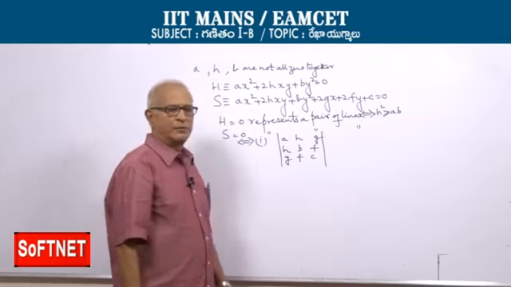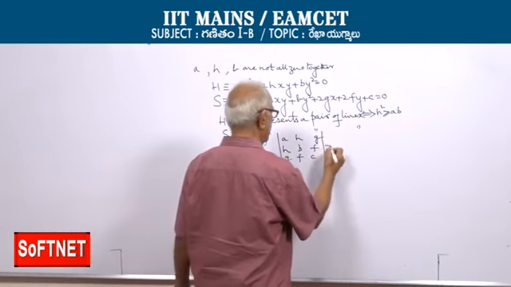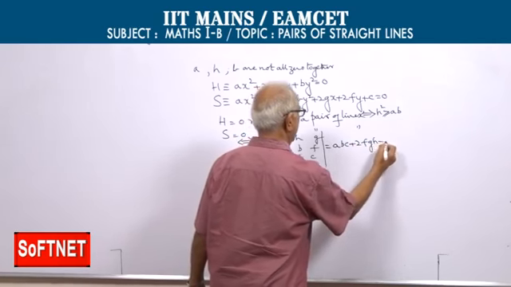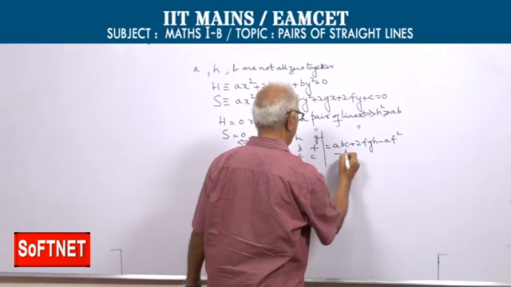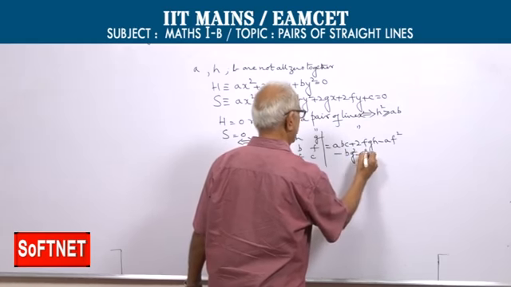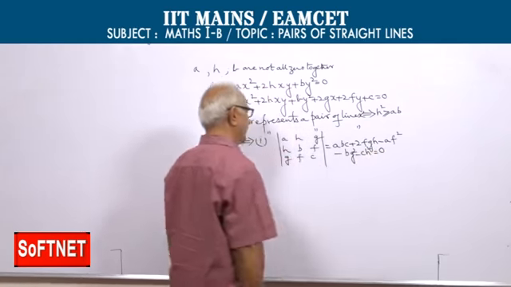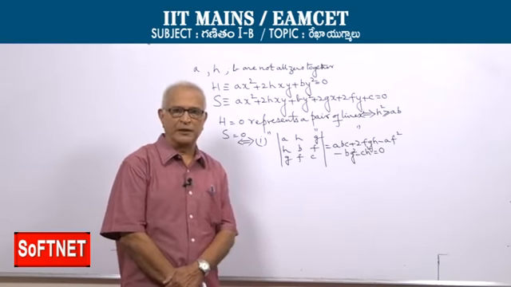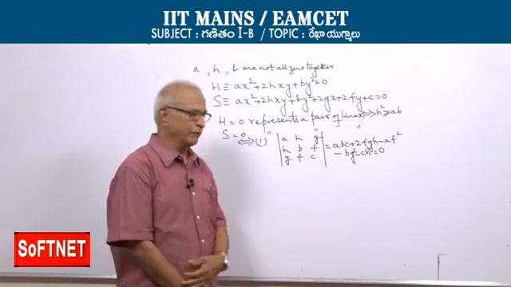మనందరికీ తెలుసు ఈ డిటర్మినెంట్ ఎక్స్‌పాండ్ చేస్తే ఏమొస్తుందో: ABC plus 2FGH minus AF square minus BG square minus CH square equal to 0. ఇది అవ్వాలి. One of the conditions to be satisfied is this determinant, discriminant అంటారు, is equal to 0.